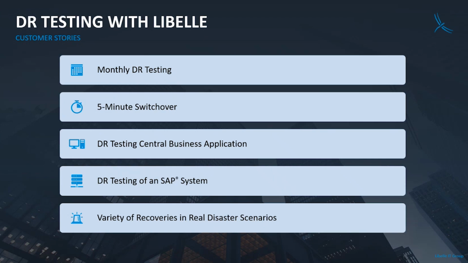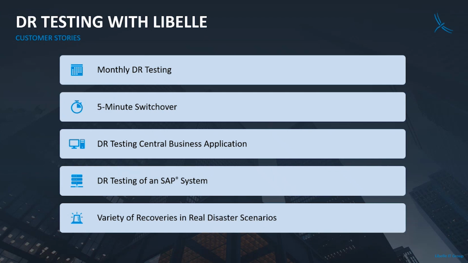Another customer is DR testing SAP systems to test their ERP system, that it's available in a DR scenario. And also, we have many recoveries in real disaster scenarios where we have saved our customers from downtime and from data loss.